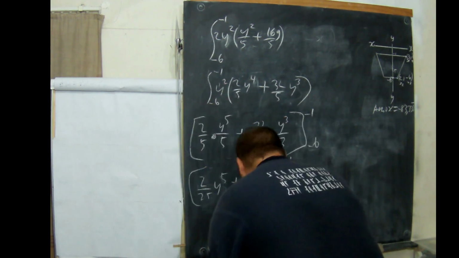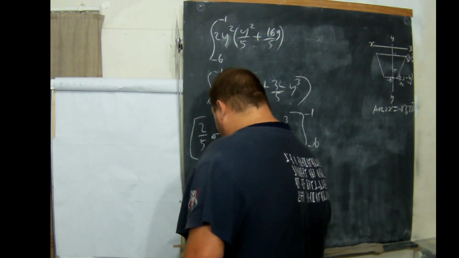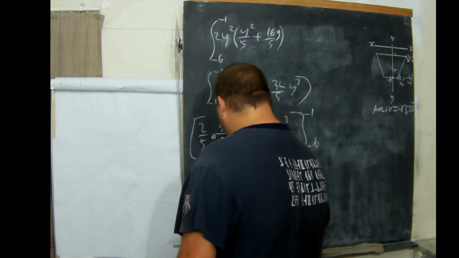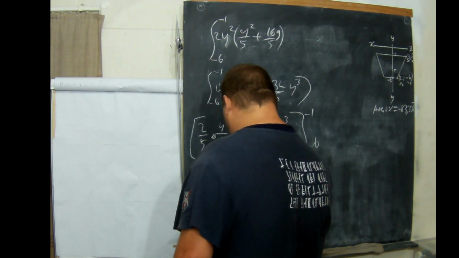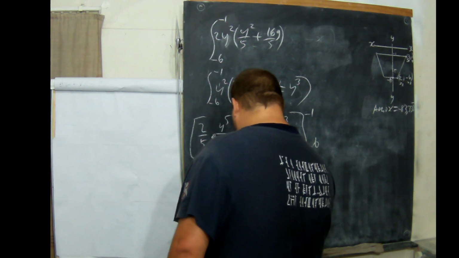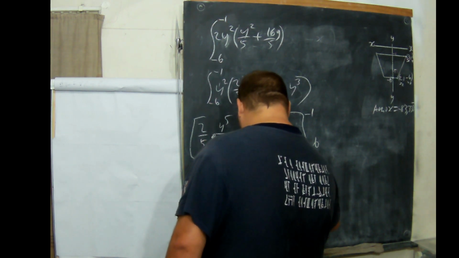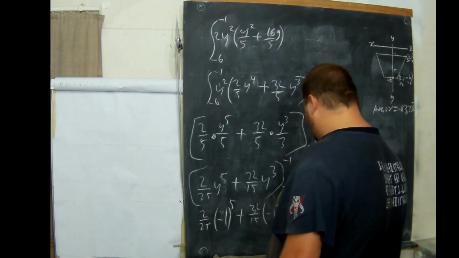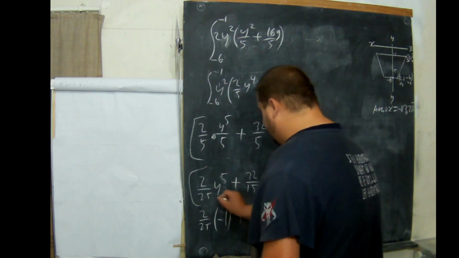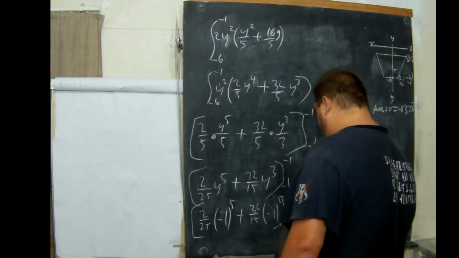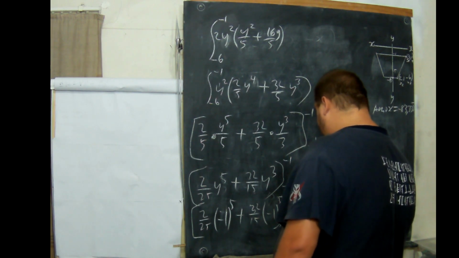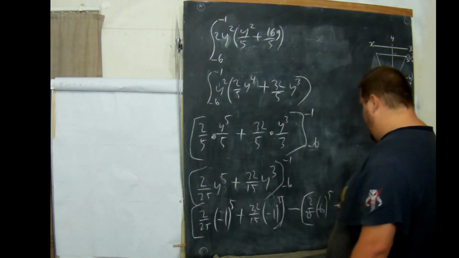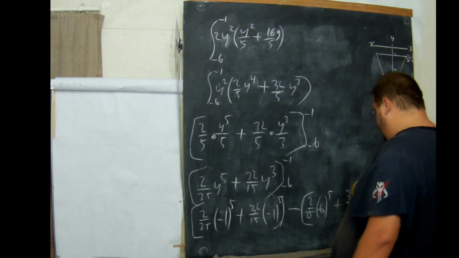Okay. And then all we do, 2 over 25 minus 1 to the 5th plus 32 over 15 minus 1 cubed, minus 2 over 25 minus 6 to the 5th plus 32 over 15 minus 6 cubed.